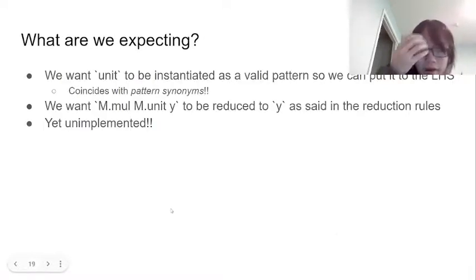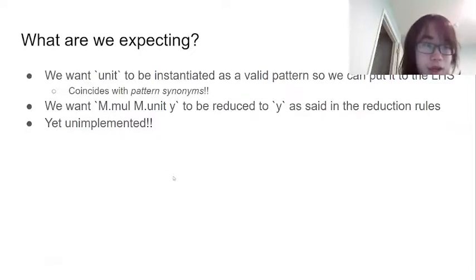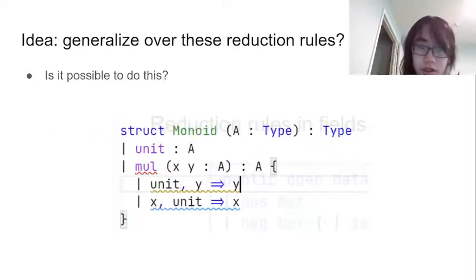So here's what I've got. What are we expecting from this? We're expecting unit, which is a field, to be instantiated as a valid pattern, so that we can put it on the left-hand side. If it's a function application, you cannot put it here because function applications are not patterns.